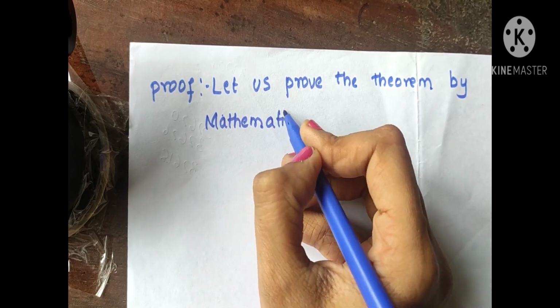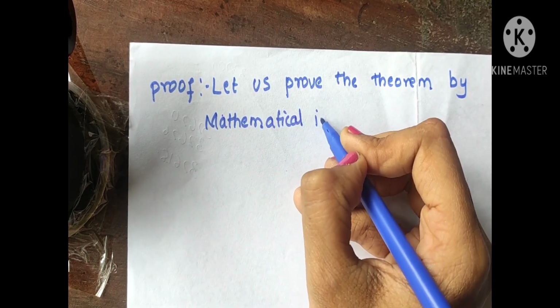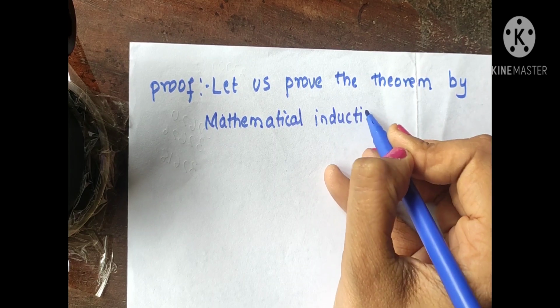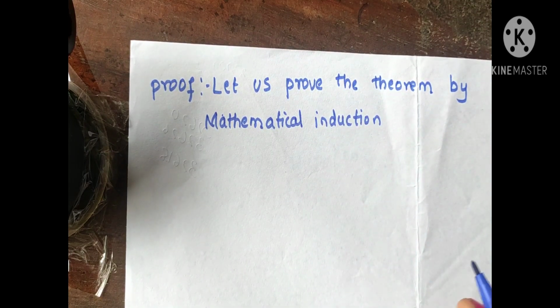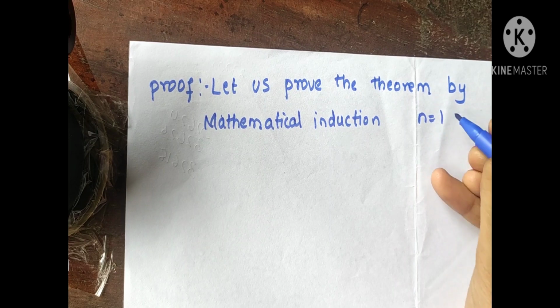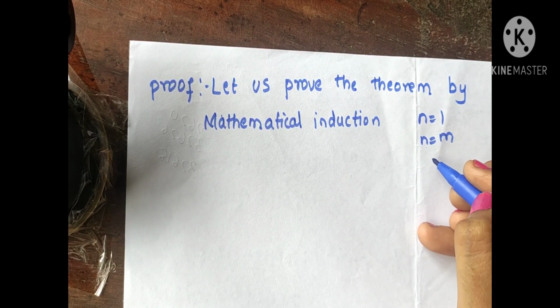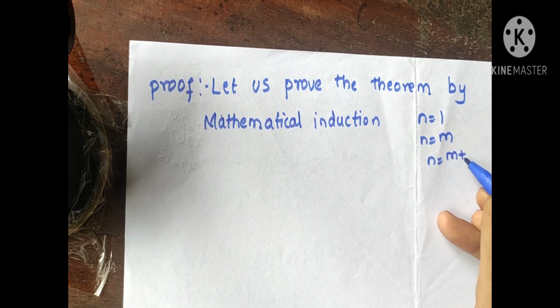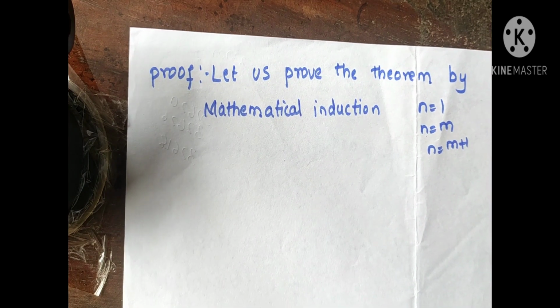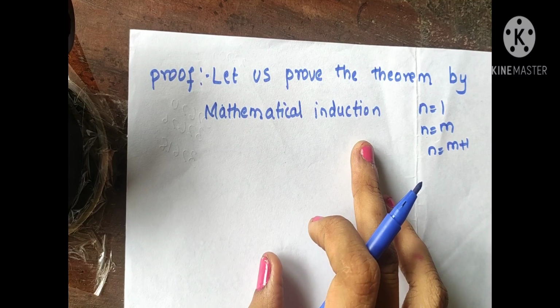What does mathematical induction say? First we prove for n equal to 1, then assuming for n equal to m, we prove the result is true for n equal to m plus 1. That's what the mathematical induction process says.